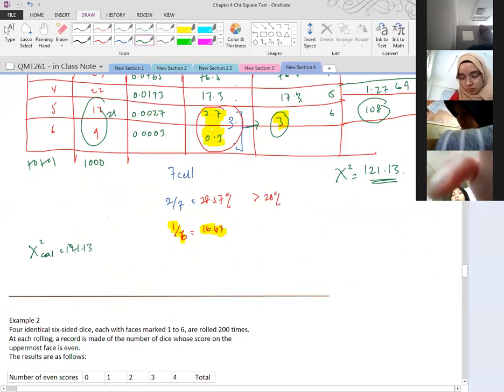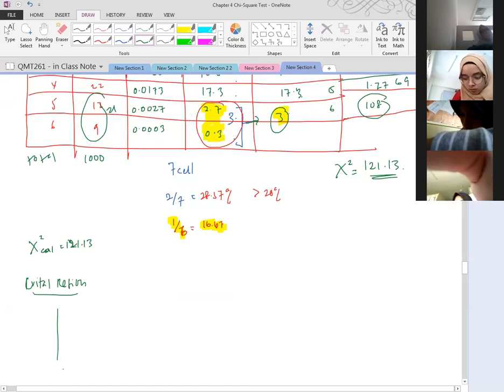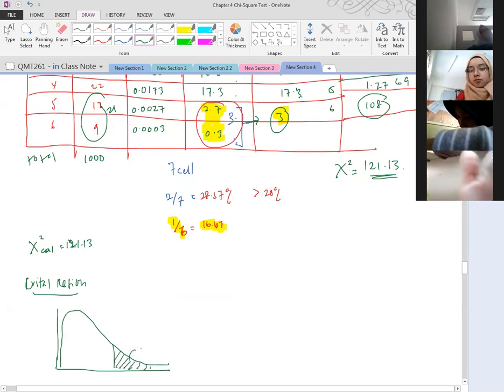So the next step is we need to create our critical region, which is a right-skewed distribution. This is the rejection region, which is 0.05, equal to our alpha. So this is chi-squared, degrees of freedom, and alpha.